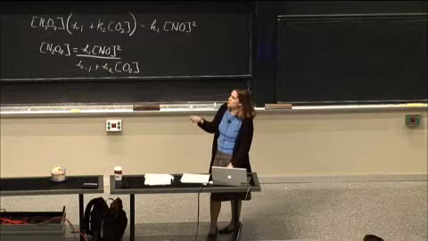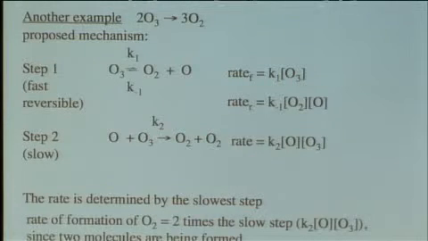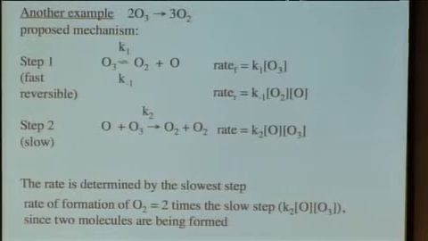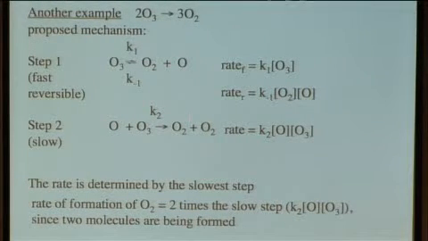And so that's going to be our slow step, our rate determining step. And again, we're forming 2 molecules of O2 in this step, so we can have a 2 in there, and the rate of formation of O2 in this last step is 2 times K2 times our intermediate O times O3.